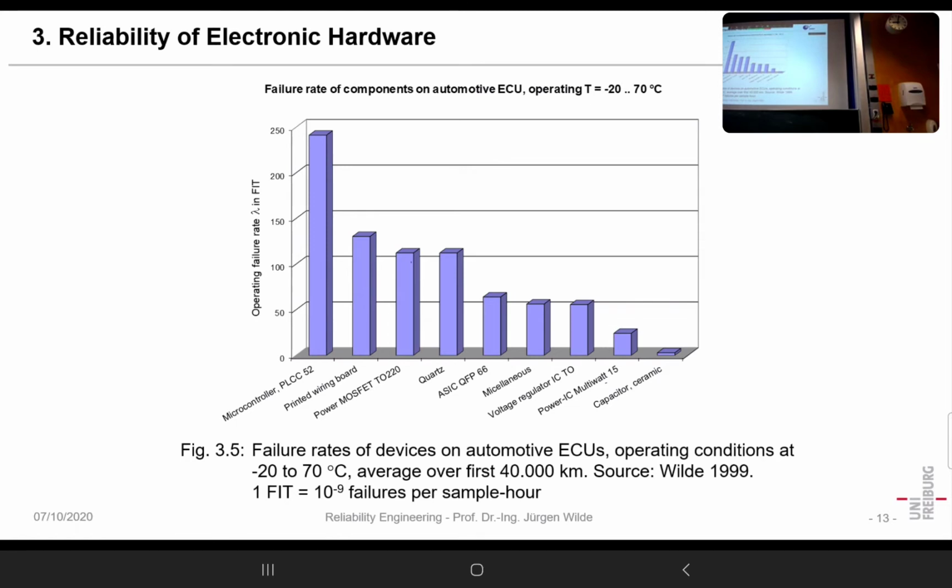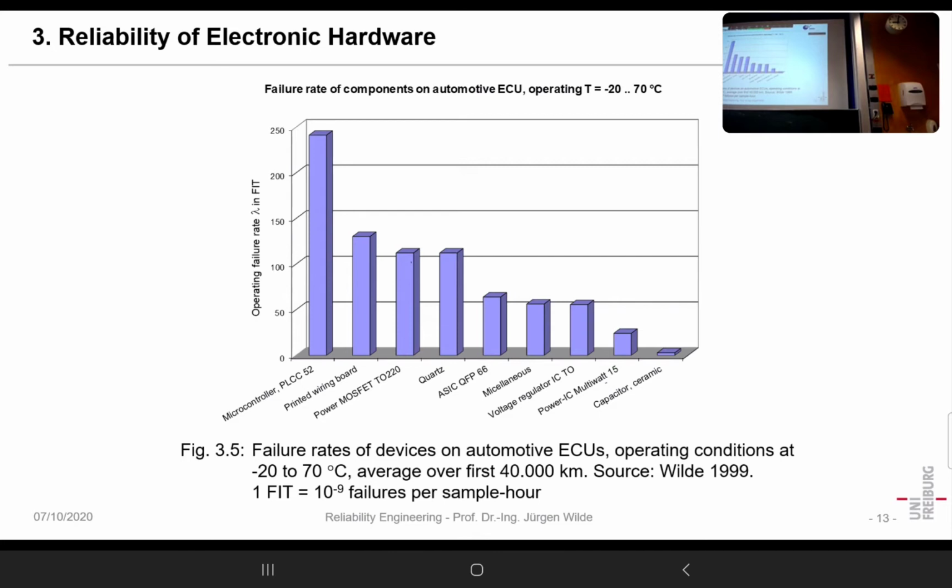That means you either have 1 million samples and you look over 1,000 hours, or you have 1 million hours if you have the time and look at 1,000 devices, or 10,000 hours and 100,000 devices. And then one fails. And that is one FIT.